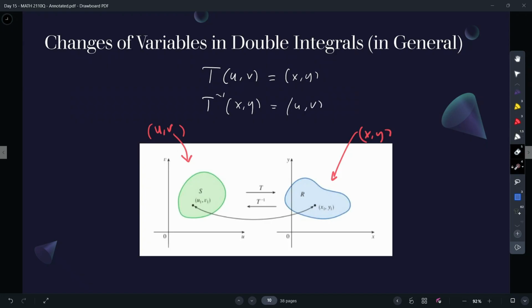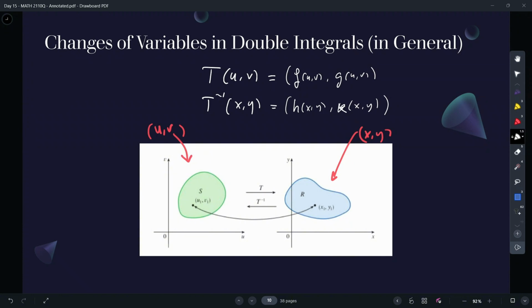They're sort of not so easy in that there will be some function of u and v, and some function of u and v, that will give me the x and the y. And then there are some other functions, let's call them h of x and y and k of x and y, that will give me how to go from one side to the other.